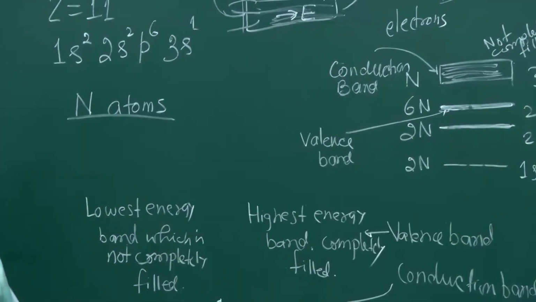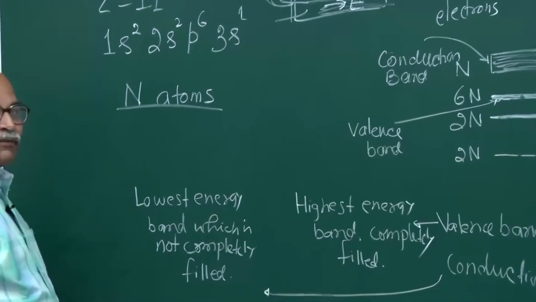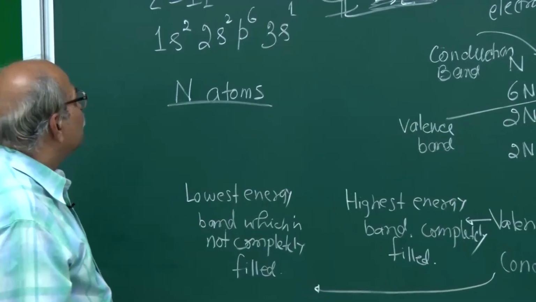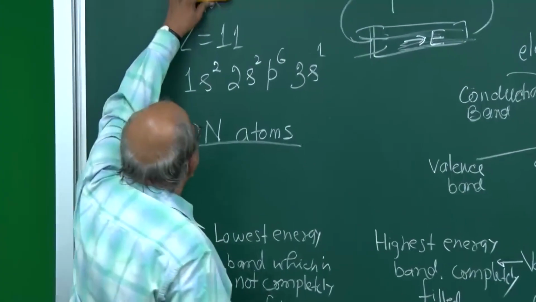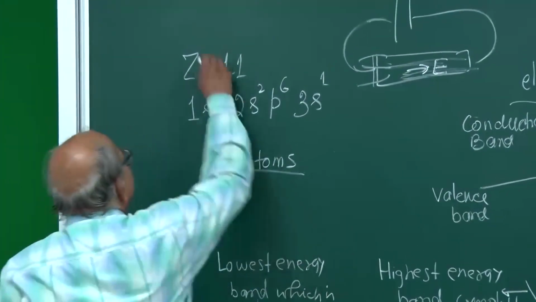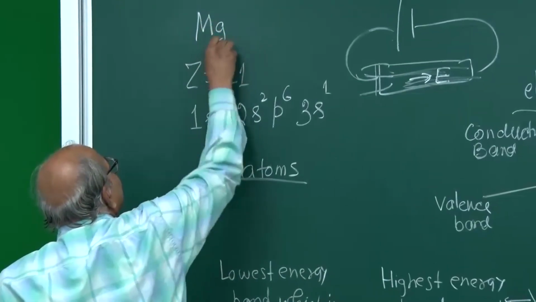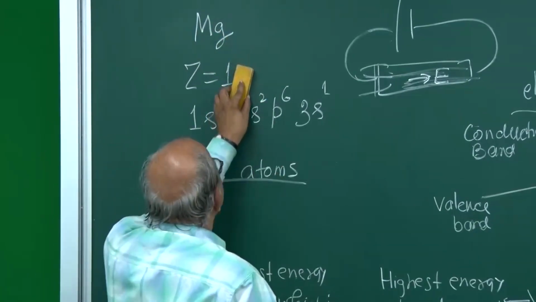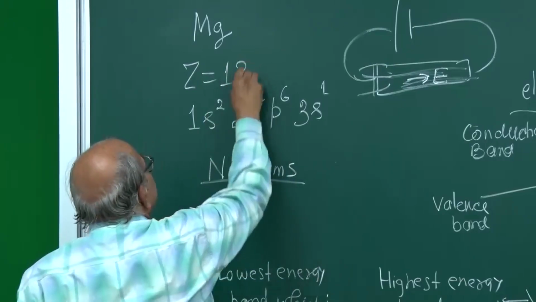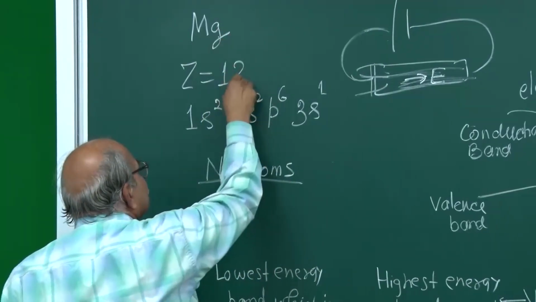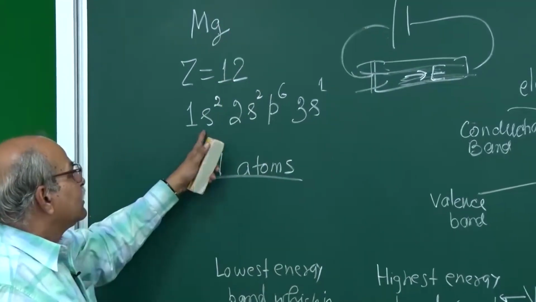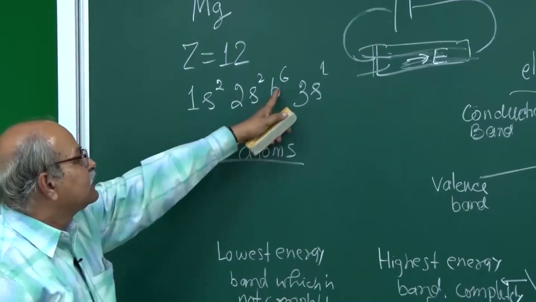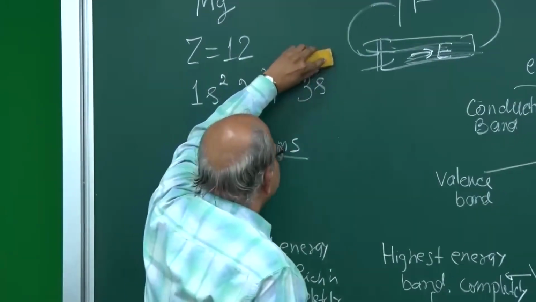What about magnesium? Let us suppose now we consider magnesium, Mg. Here Z is equal to 12. So for each atom, the configuration will be 1s2, 2s2, 2p6 and 3s2.